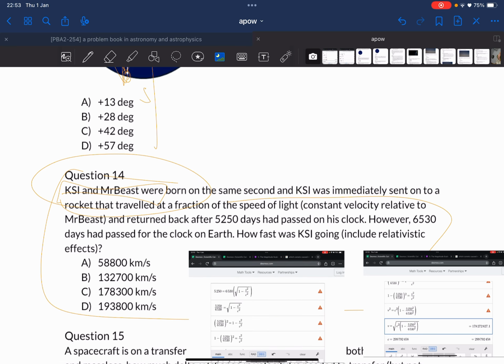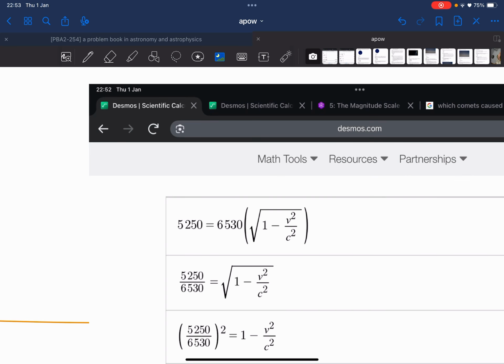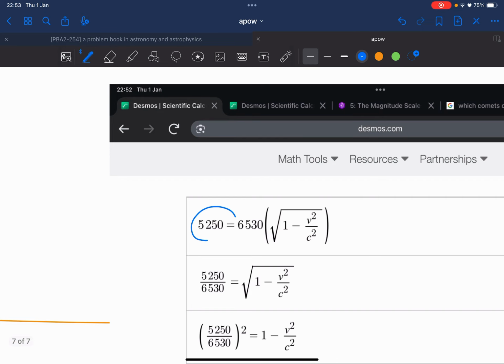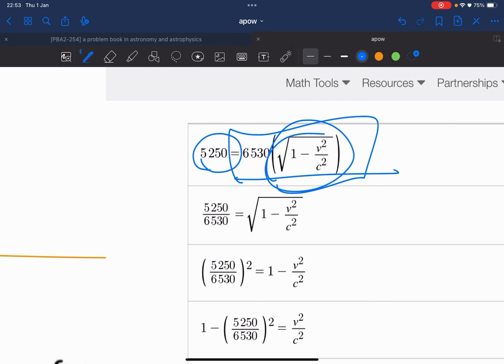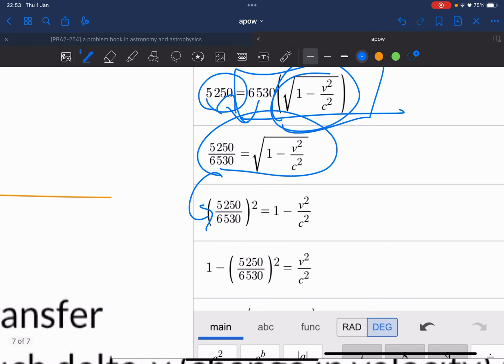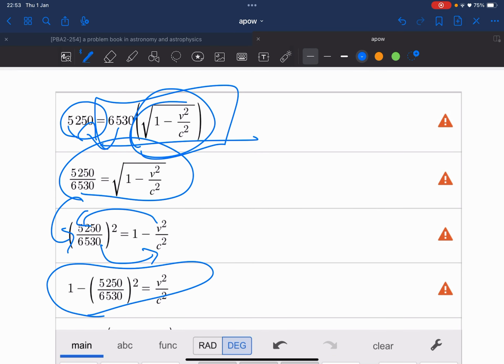So basically we can come up with this equation, that 5250 is equivalent to 6530 over the Lorentz factor, or multiplied by this. So we can rearrange the equation and we're basically gonna get this. We move it below and we get this, right? And then we just expand and rearrange. We move this over here, and then move this over here. But I didn't put it that way, so cope.